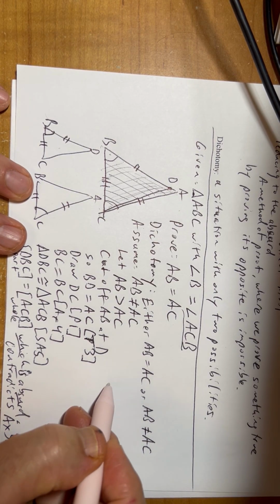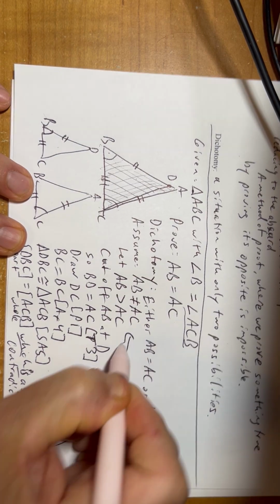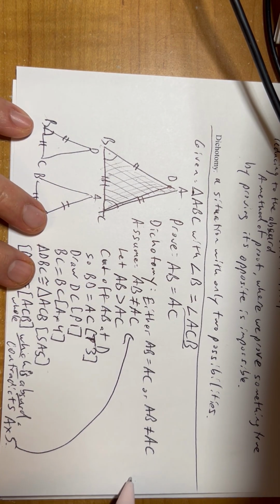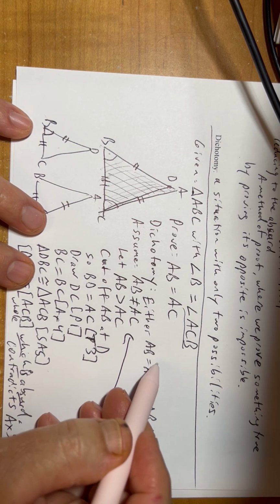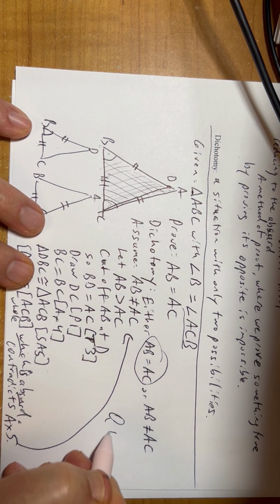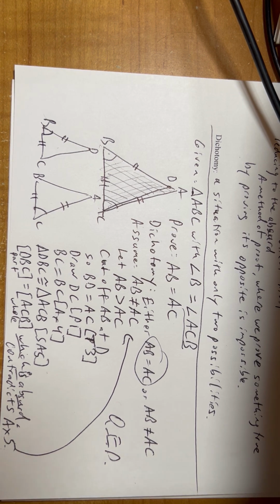And so then we get to say, hence what we assumed back here, that AB is not equal to AC, must be false. And hence the only other possibility is that AB does equal AC, QED. Brilliant, huh? All right. That's theorem 6.